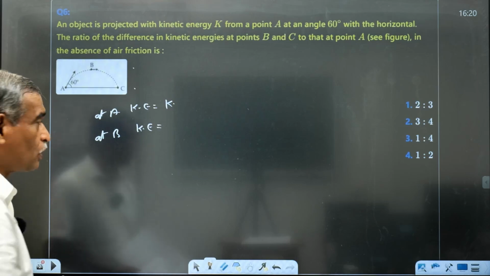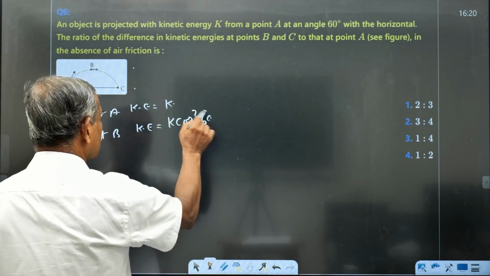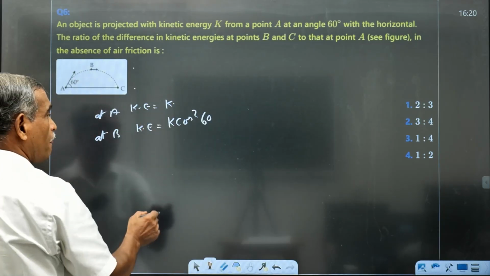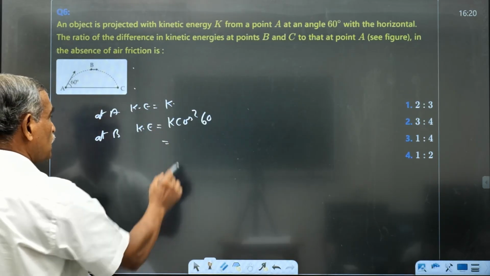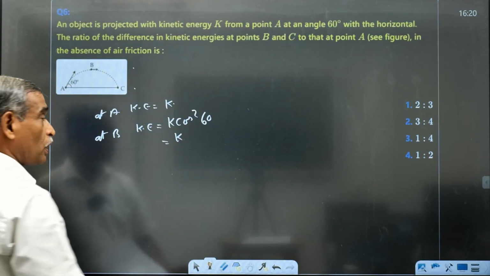Therefore, kinetic energy is equal to K cos squared 60. That is the kinetic energy at point B, which is K times half squared, that is K by 4.